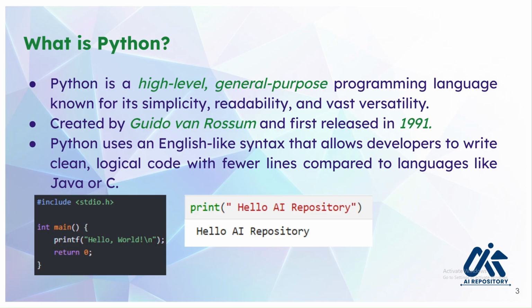The first one is low-level programming language or machine-level language, which contains zeros and ones and is understandable by machines only. It is very difficult for humans to understand low-level language.